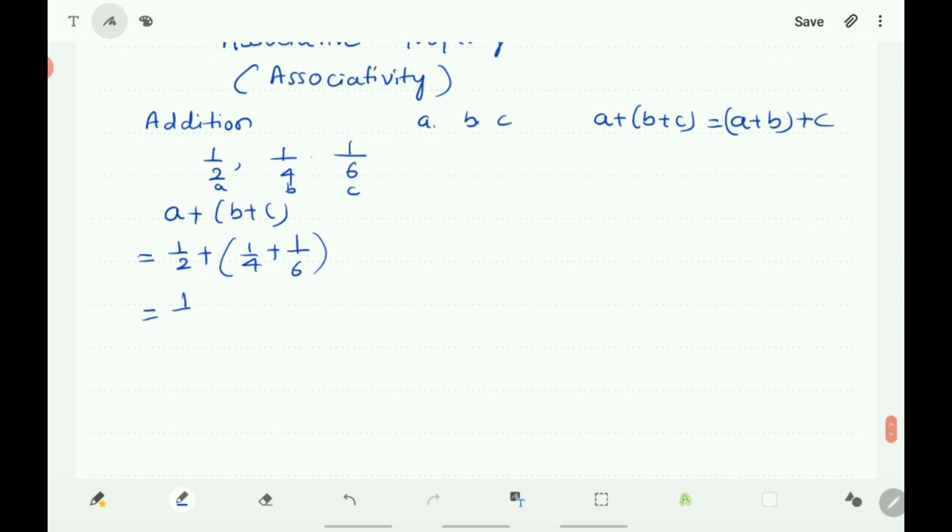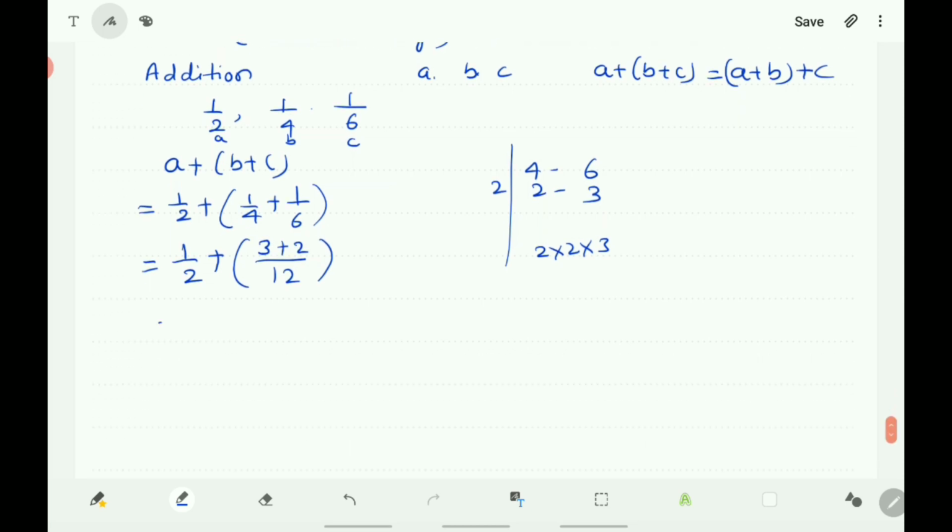Now 1 by 2 keep it as it is plus. First to simplify the bracket. The LCM of 4 and 6 is 2 twos are 2, 3 threes are 3, and the product of 2 into 2 into 3 is 12 here. And you know that 4 threes are 12, 1 three is 3 plus 6 twos are 12, 1 two is 2.